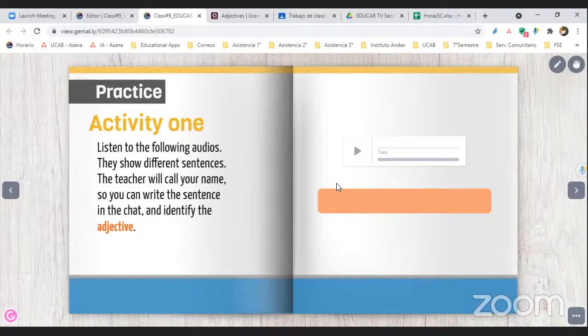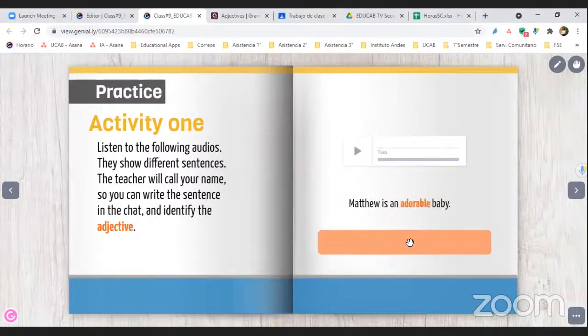Okay, Esteban, yes, you told us the adjective, but we need the full sentence too, okay? We need to copy the sentence. Okay, thank you, Ildamar. Matthew is, well, not beautiful because the word was adorable, but you have most of the sentence. Okay, so Matthew is an adorable baby, like this.